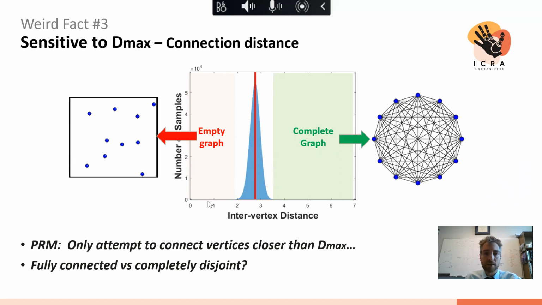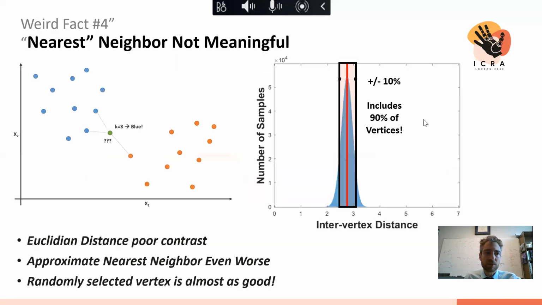If we go too small on Dmax, none of the vertices are going to be within that distance. So if we go anywhere between 0 and 2 in this example, we'll get an empty graph. No vertices will be connected because they're all further apart than that. And if we go anything over about 3.5 all the way up to 7, we are going to attempt to connect every single node in this tree, which is going to be computationally expensive and not what's desirable in practice. So it's a very narrow range of values.